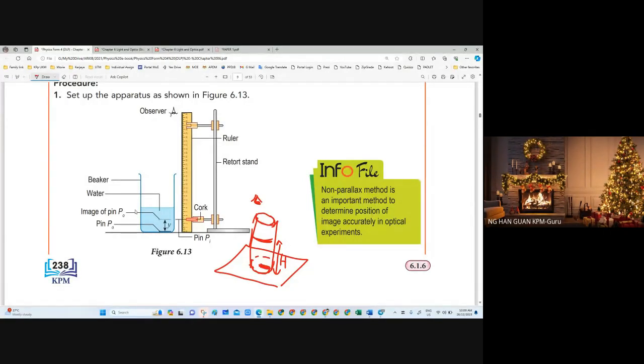Sorry, the mark is on the other side, the wrong side already. So this is the apparent depth. Your eyes are just at the edge here, and your hand puts the pen here, pointing the pen.